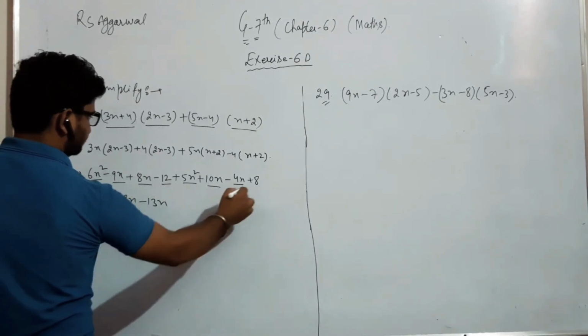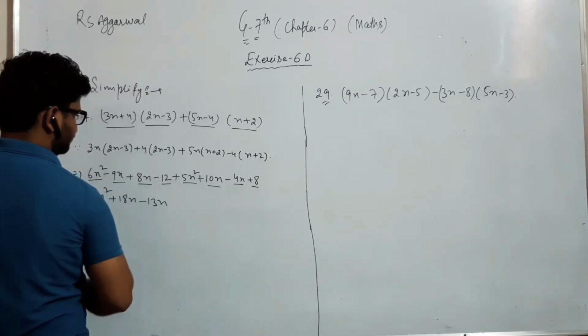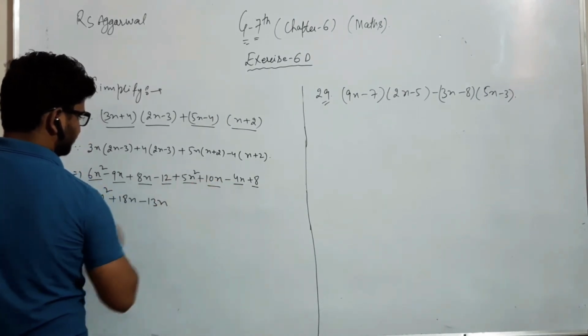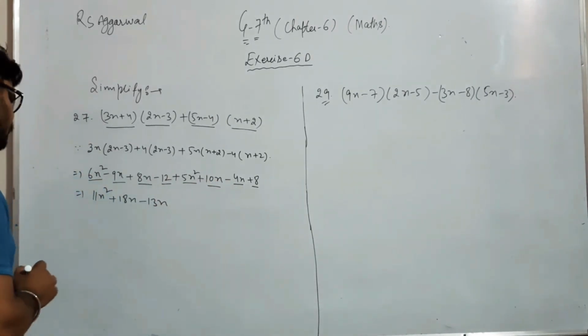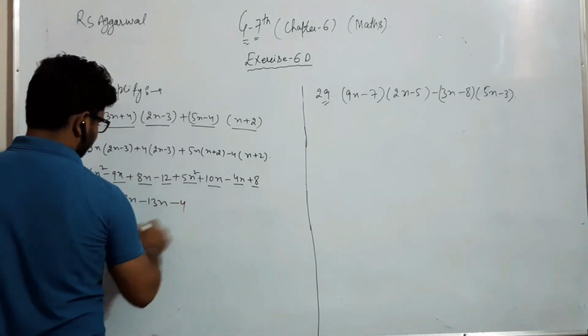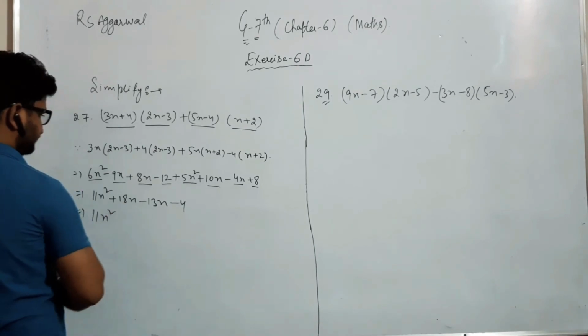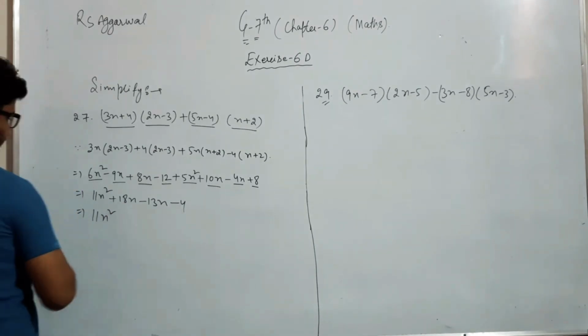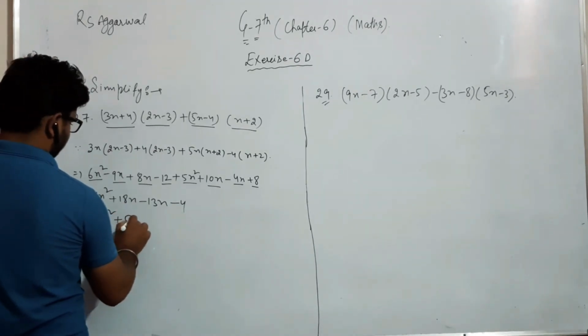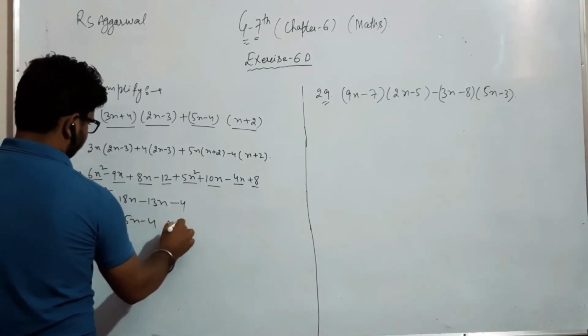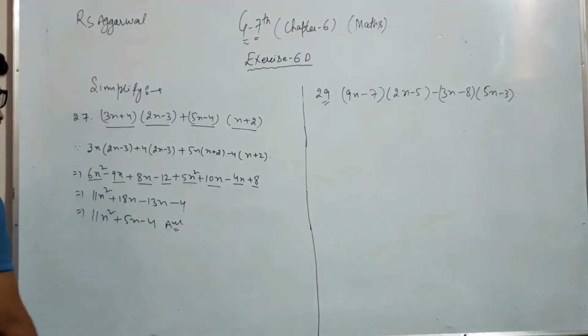Then minus 12 and minus 8. So this is minus 12 minus 8. This is minus 4. Okay, minus 4. This is 11x^2, 18 minus 13 will be 5, then plus 5x minus 4. So this is the answer of question number 27.